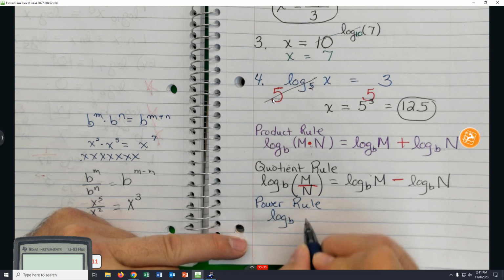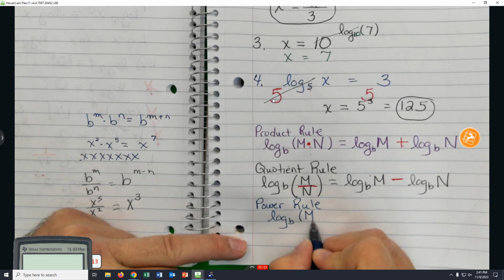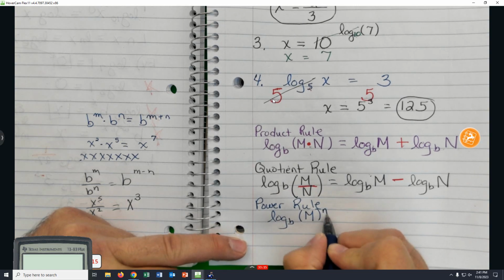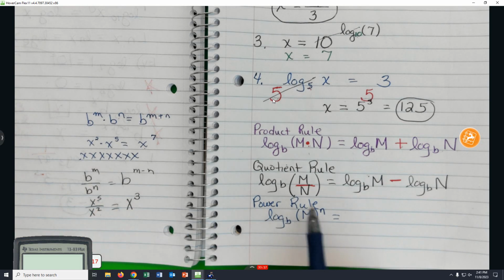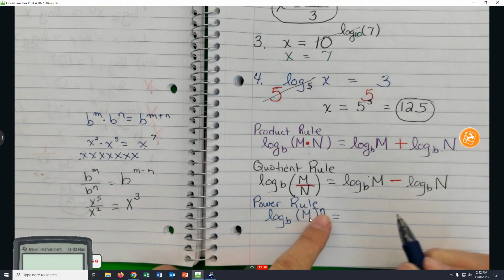Now, suppose we have an exponent at the end of the logarithm. That's what the power rule is. This is probably the most bizarre looking property of logarithms, but it's the same as the power rule of exponents that we used the last time. If you have an exponent at the end of the logarithm, it has to be applied to the entire argument.